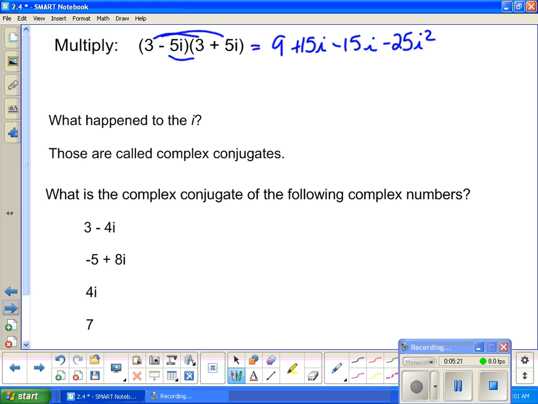Okay, well, what does this become? That becomes plus 25. So 9 plus 25 is 34. Positive 15 and negative 15, 0.